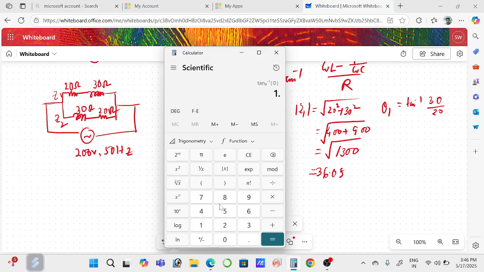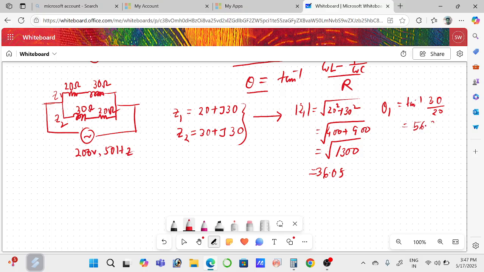So this will be equal to 56.3. All right. So in polar form, here Z1 can be written as 36.05 with the angle of 56.3.